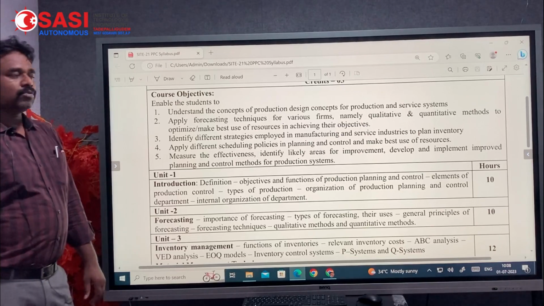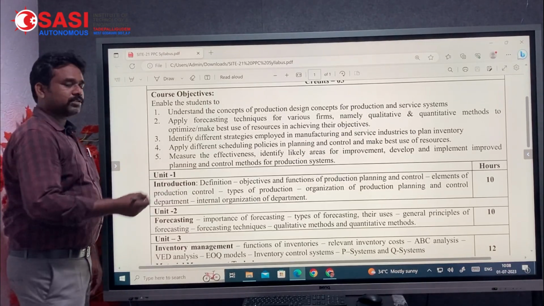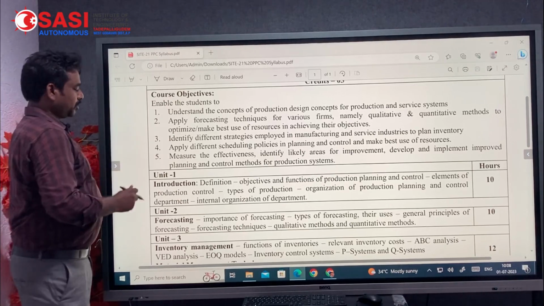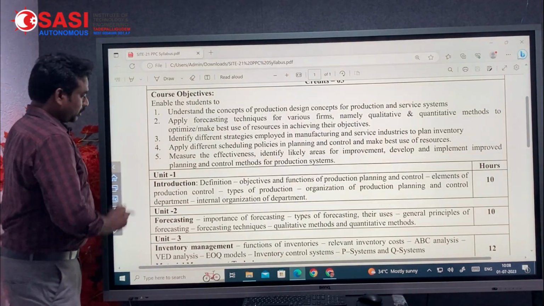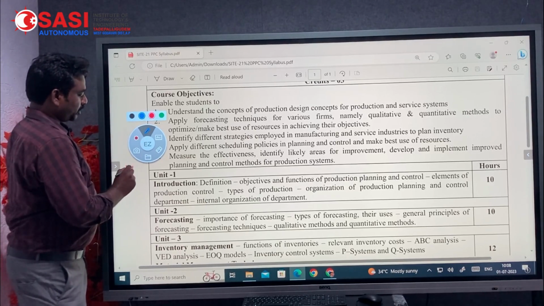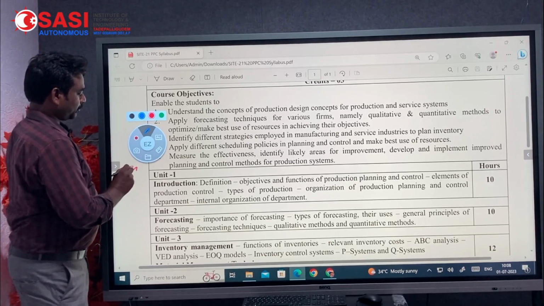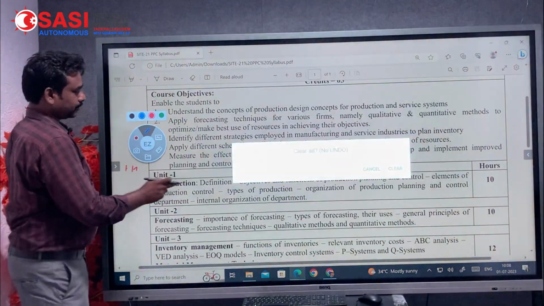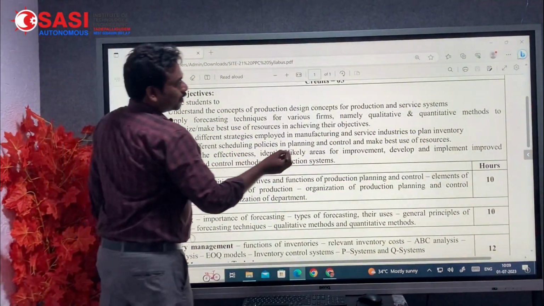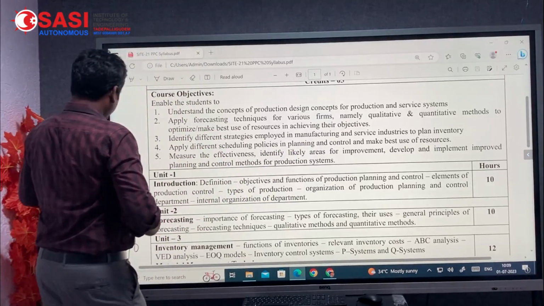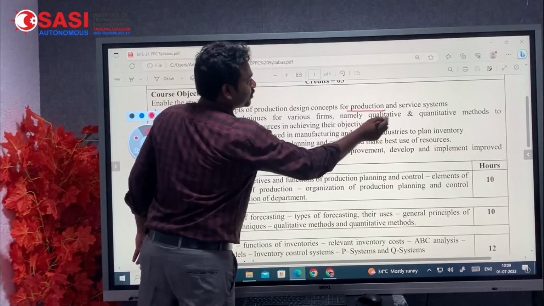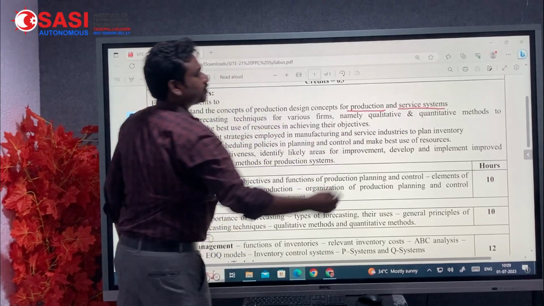As we all know, industry is generally divided into two different forms. One is the product based system and the next one is the service based system.